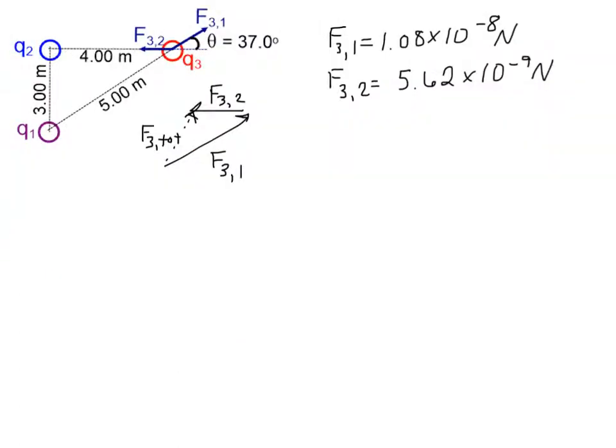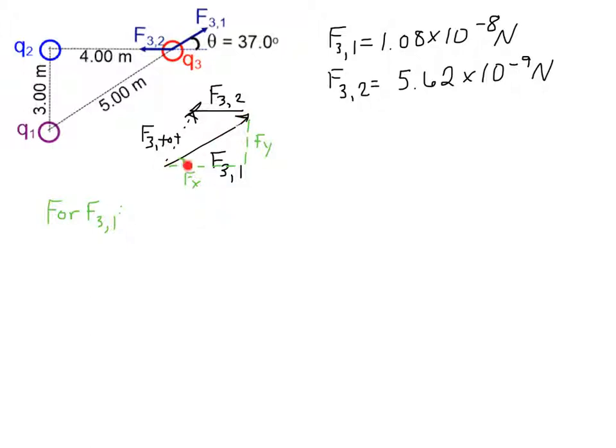Okay, so I redrew these for us so we have a little more room. At this point, I'm going to need to consider the direction of each of the vectors because I'm going to add the x and y components together. I'm going to look at the force between charges 3 and 1 first, right here.